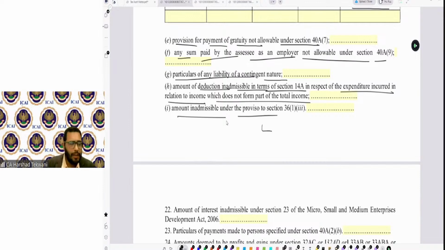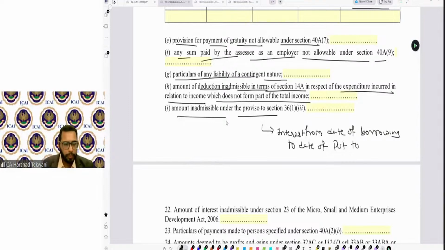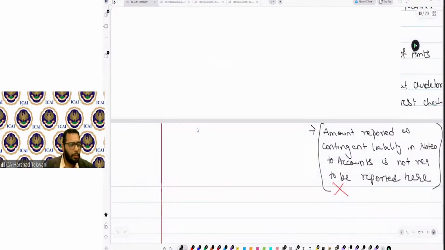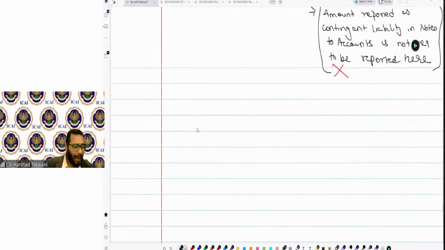So that is interest from date of borrowing to date of put to use of asset. That is not allowed. So these are the two that make clause 21 very big and complete.